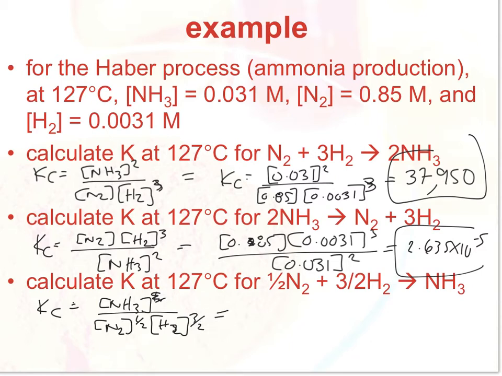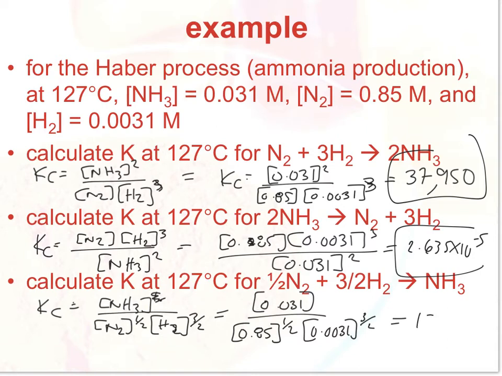We'll go ahead and plug our values in: 0.031 divided by our N2, which is 0.85, put that to the 1/2, and then our H2, which is 0.0031, to the 3/2. All right, plug that into our calculator, and we end up with 194.80 as our Kc value.